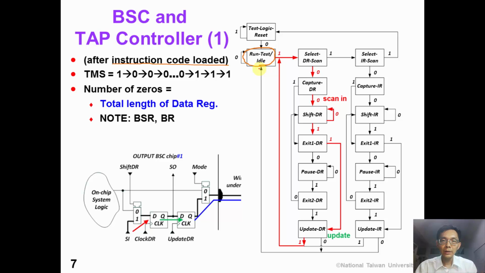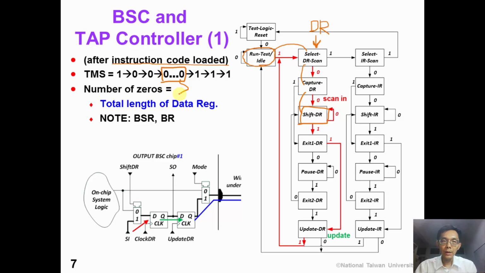Starting from this state, we apply the TMS sequence 1, so that we are now in the left column of the tap controller, which corresponds to the data register. And then we apply the TMS sequence 0, 0. So now we are in the shift DR state. In this state, we are able to scan in our test data.